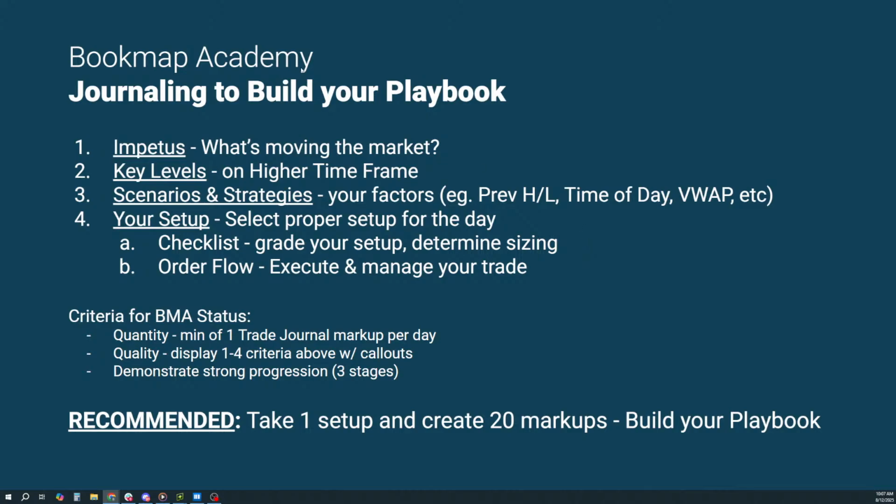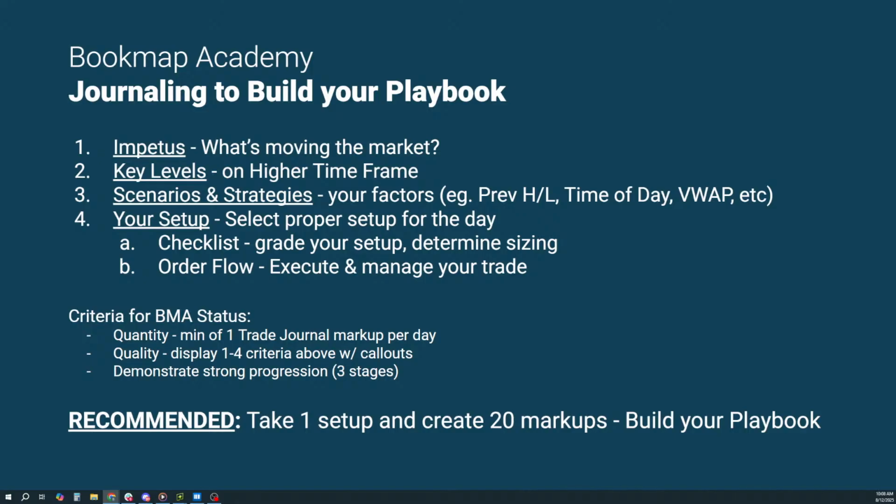And then I continue to show this slide. I think it's really important. This is part of the Bookmap Academy. This is the process we go through in the higher time frames, looking at what's moving the market impetus. So for example, today it's news, it's CPI, that's moving the market. We'll take a look at key levels, number 2 here on our higher time frame. Start to understand that and how it relates with this news and information, how the market's moving.